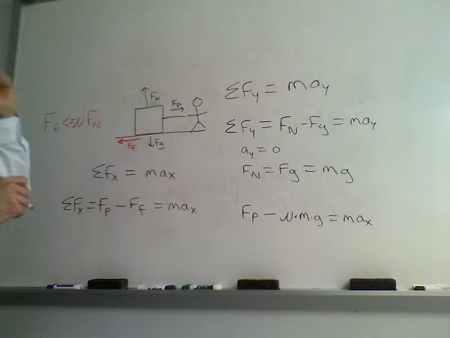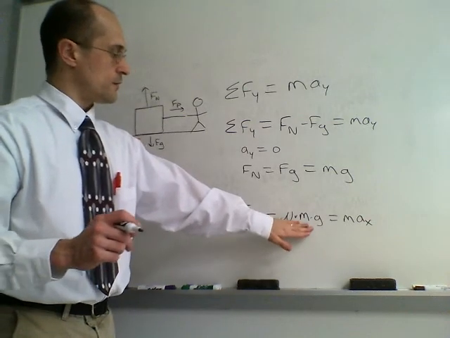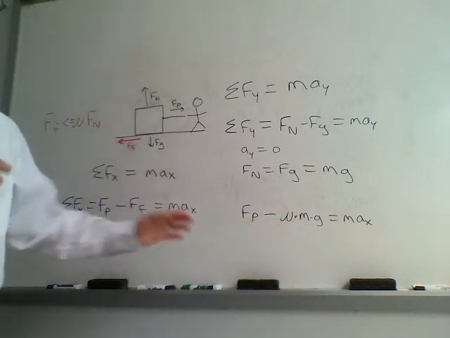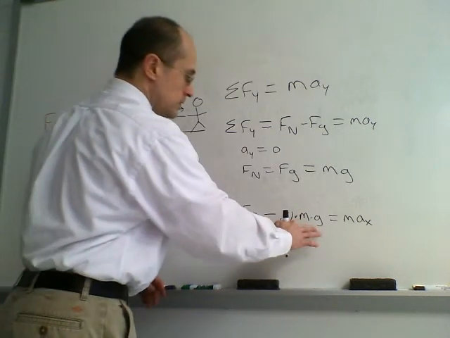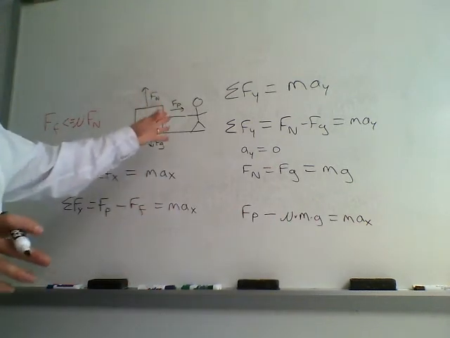What we see is that if the force of our pull isn't larger than the frictional force, then Fp isn't larger than this number, ax is 0 and the box won't move.